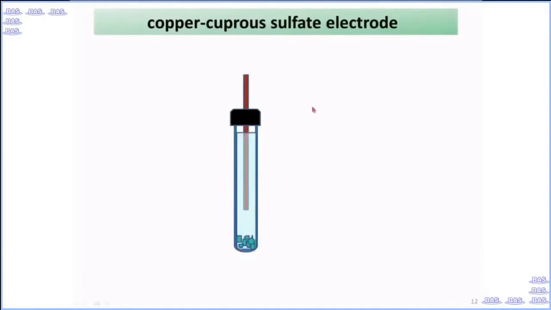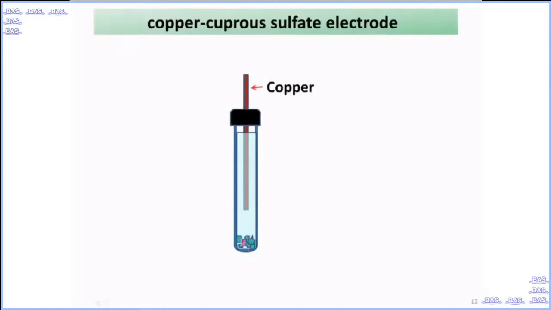This electrode is usable for corrosion science, because this system does not include chloride ion. Chloride ion is the most avoidable ion in the corrosion field.